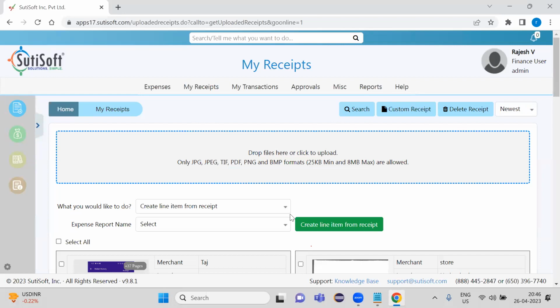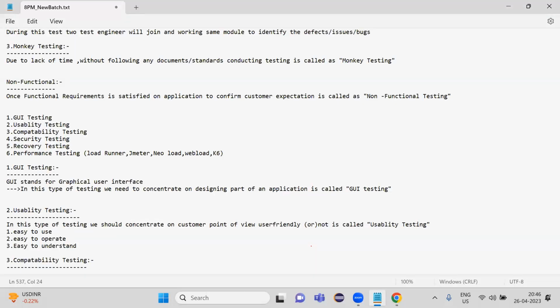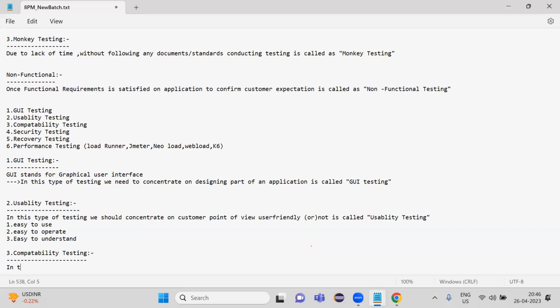If you observe, you will understand. It is nothing but we have to test with different types of browsers. Is it clear, guys? What is meant by compatibility in this type of testing?